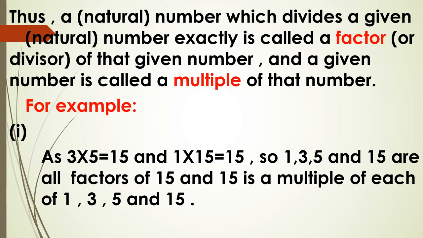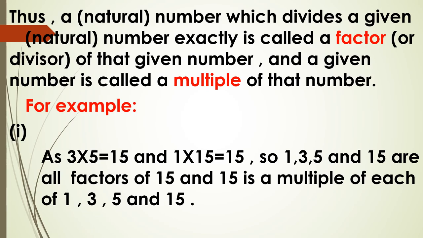So we can say that 1, 3, 5 and 15 are all factors of 15, because when we multiply these numbers, we get 15. 3 fives is also 15, so 3 and 5 are factors of 15.